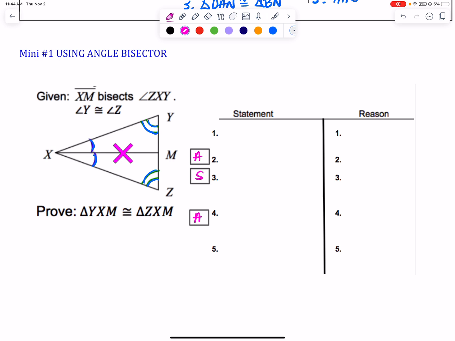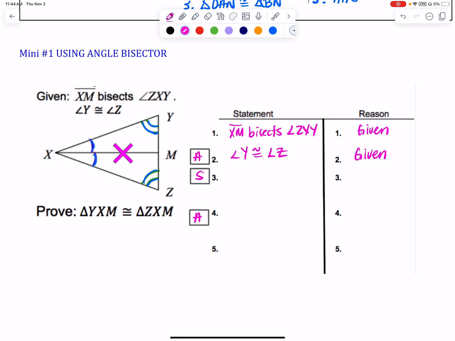So I'm going to start with the given. XM bisects angle ZXY. My first angle is angle Y is congruent to angle Z. That is a given.